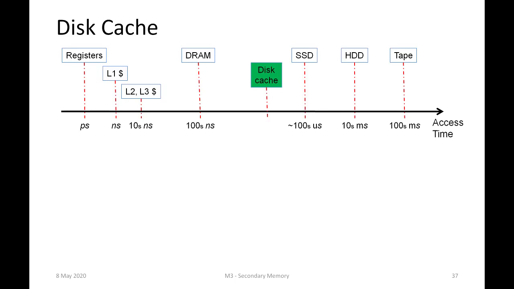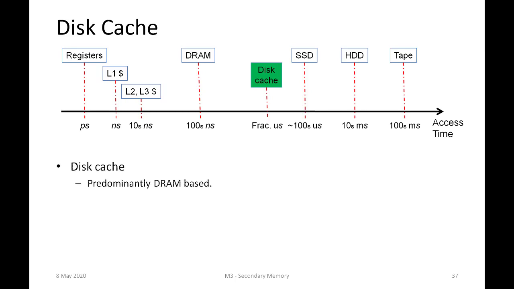If there is a data hit in the disk cache, we would need only a fraction of a few microseconds to send the data back to the processor pipeline. That means we would get a 100 to 1000 times speedup if a data request is a hit in a disk cache when compared to the HDD or SSD.